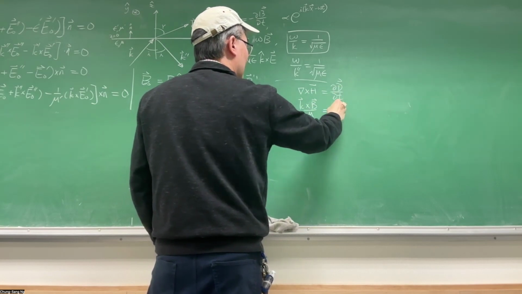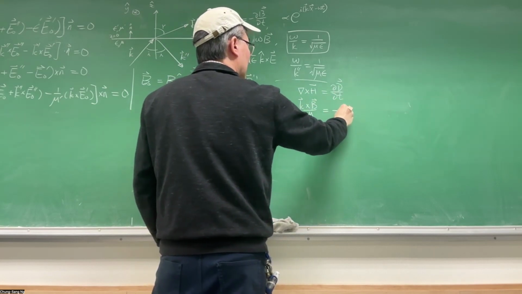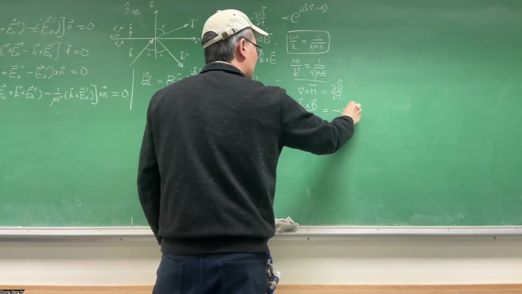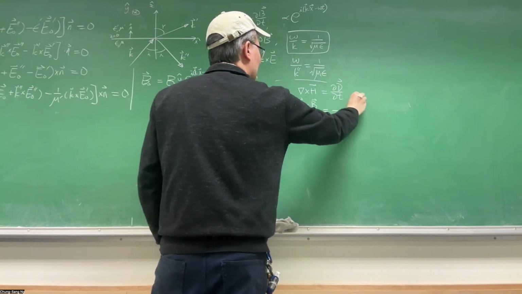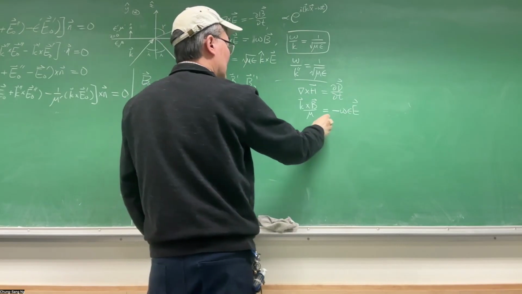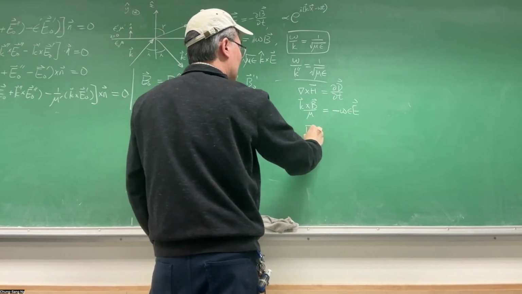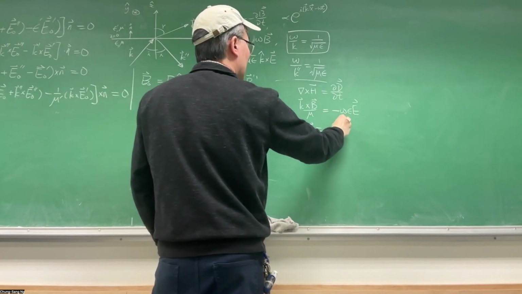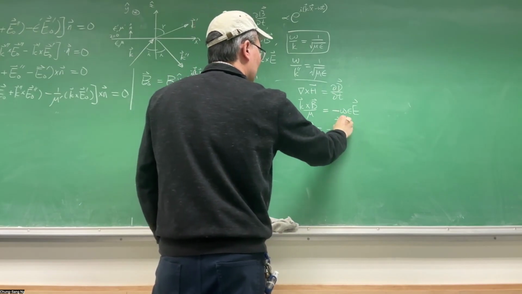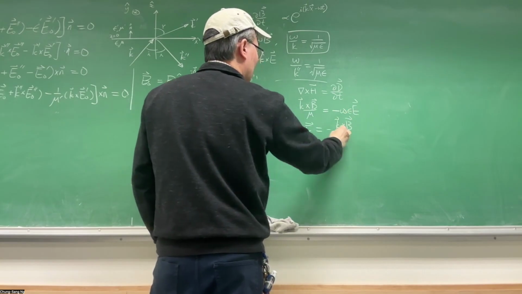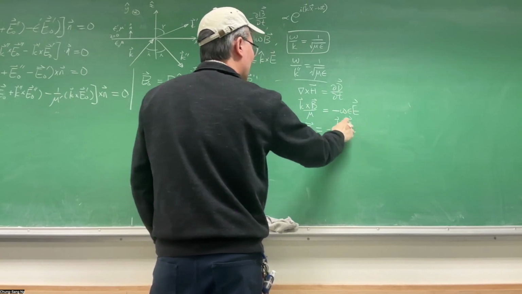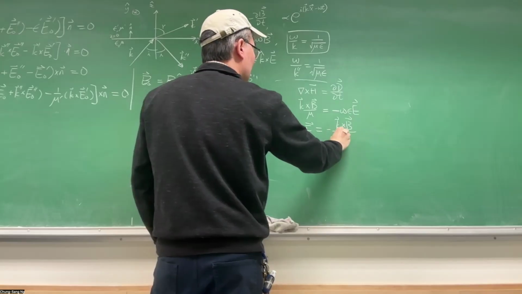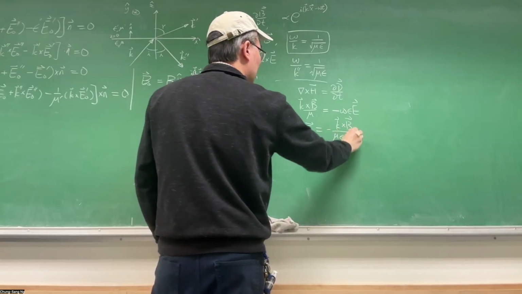You have minus i omega, i cancels, so you have minus omega D. D is epsilon E. So we solve that. E is minus k cross B divided by mu epsilon omega.